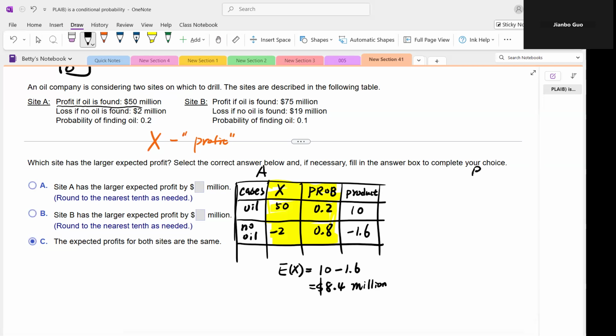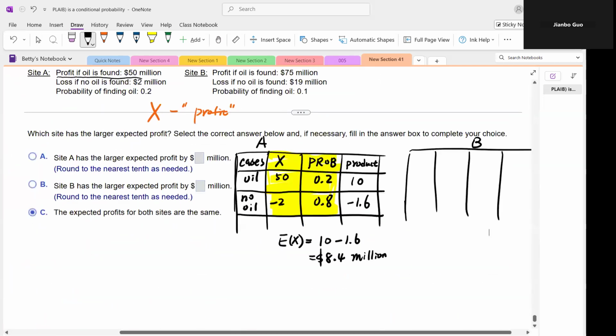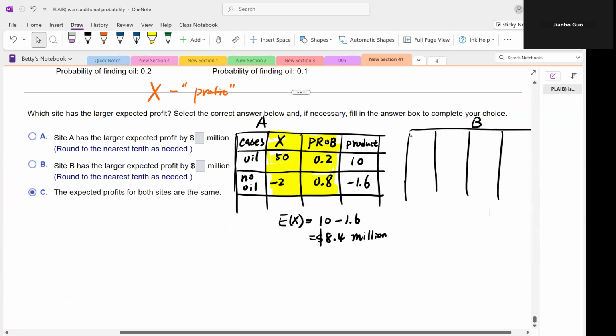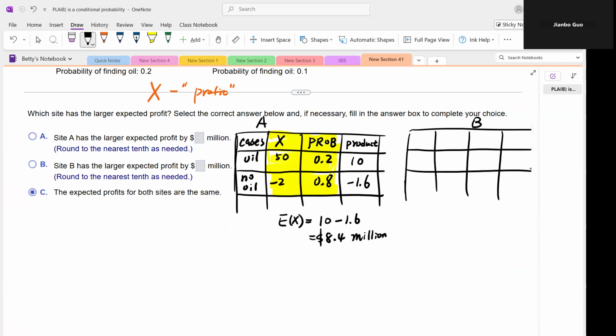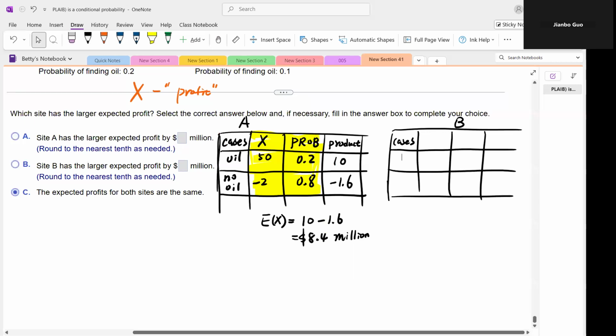Now let's look at site B. Same thing. We're going to construct the table. The table is going to have 4 columns. First column, outcomes or cases. When the company drills site B, it is the same thing.